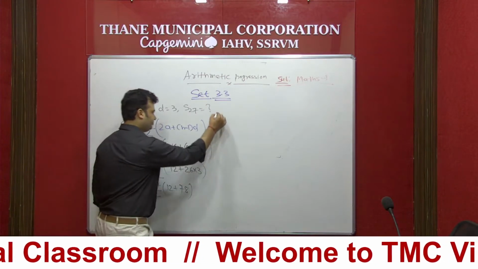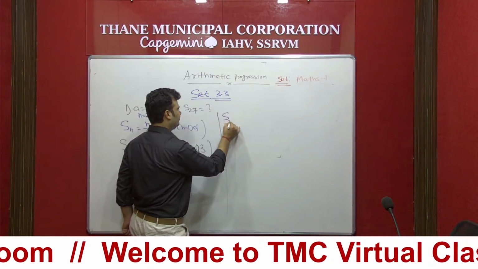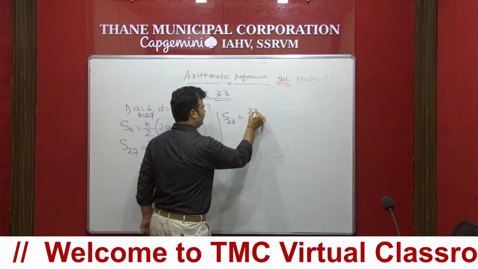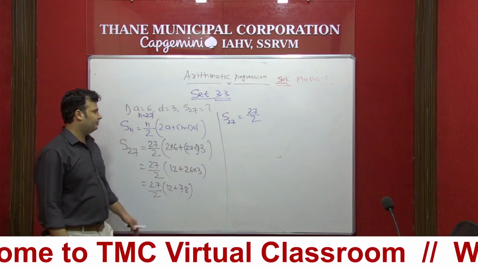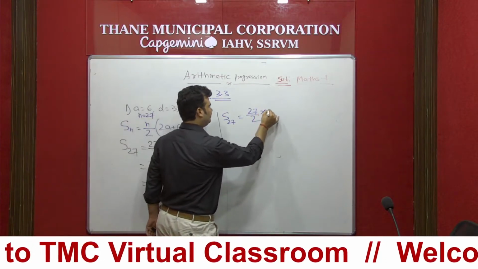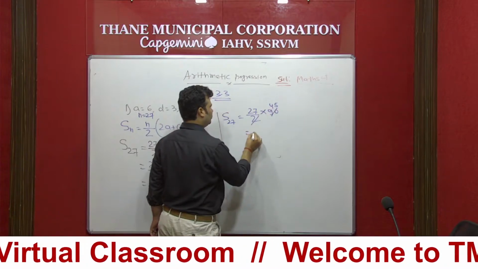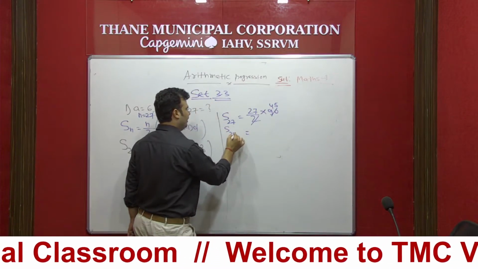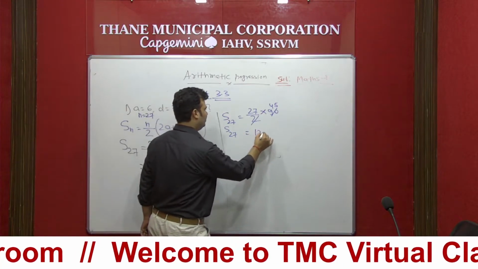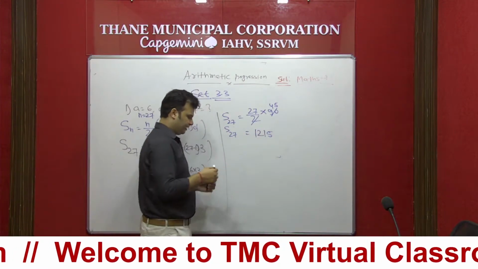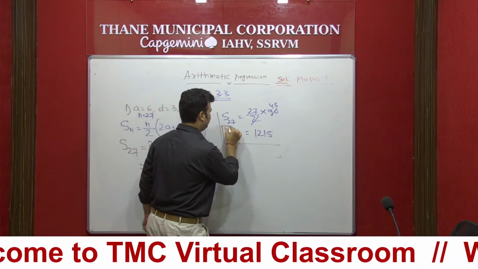So that is S27 is 27 upon 2. Now 12 plus 78, that is 90. So we have to cancel, that is 45. So 27 into 45, you can multiply, and answer is 1215. So that is your final answer, S27 is 1215.